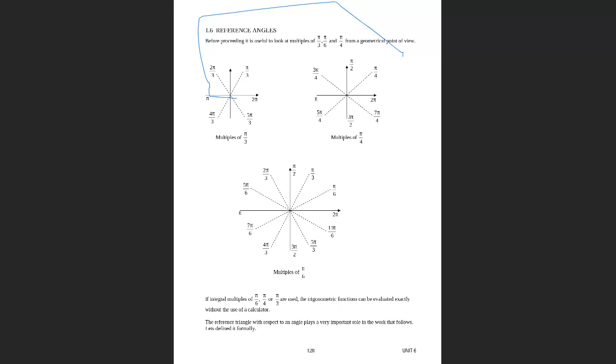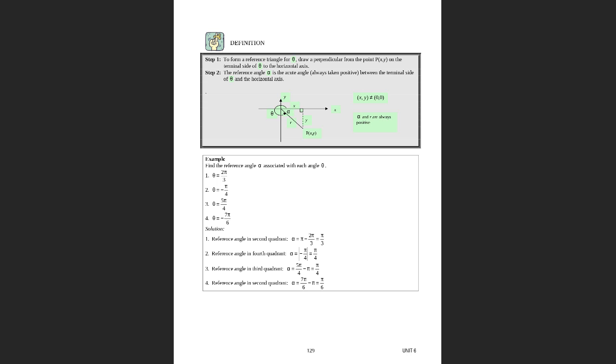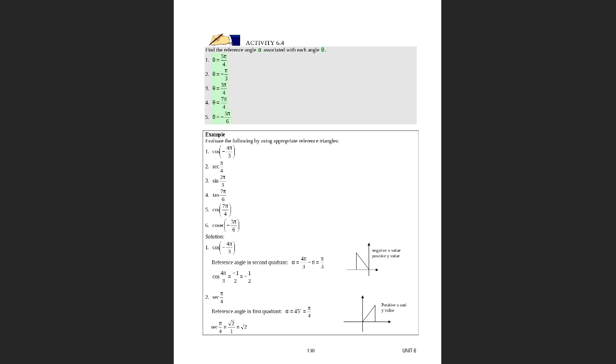So let's look at this angle. For instance, if I have 5 pi over 4, my axes are like this.